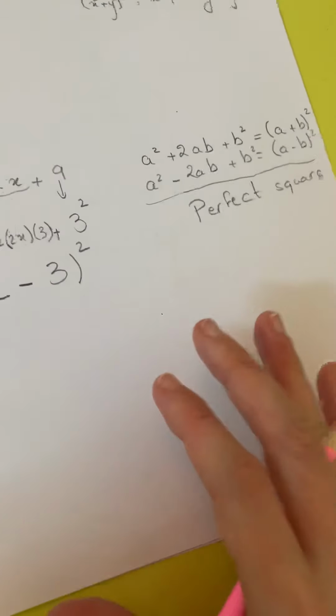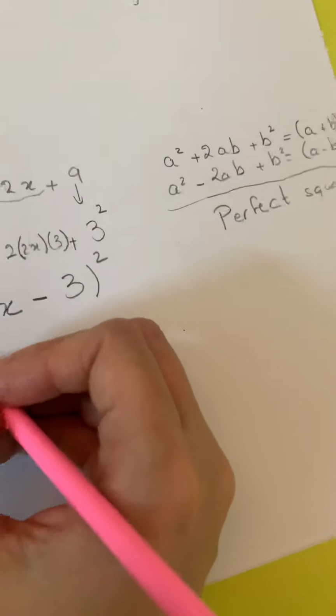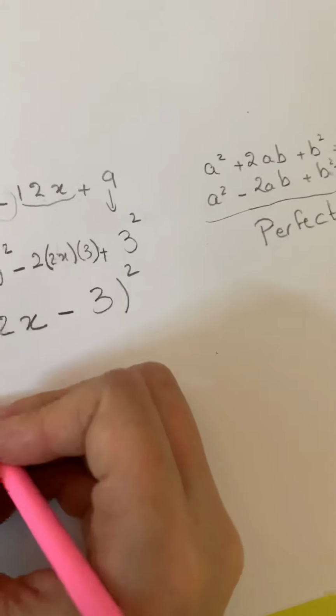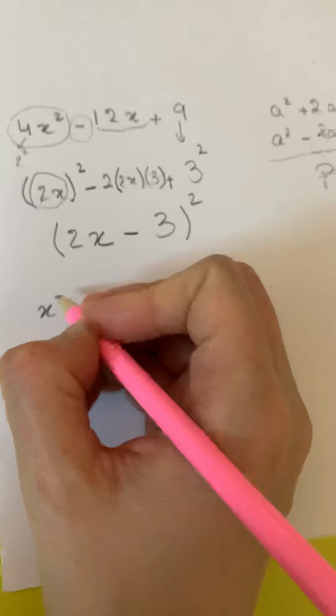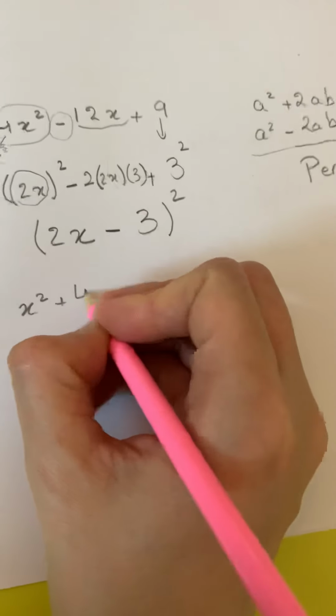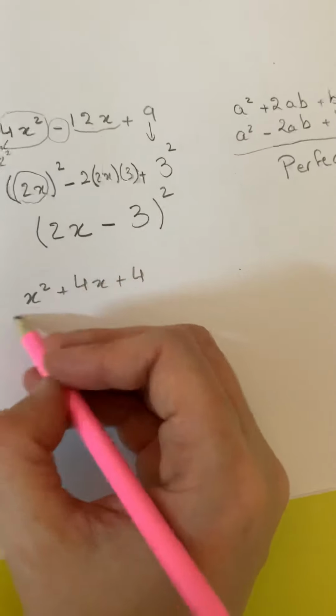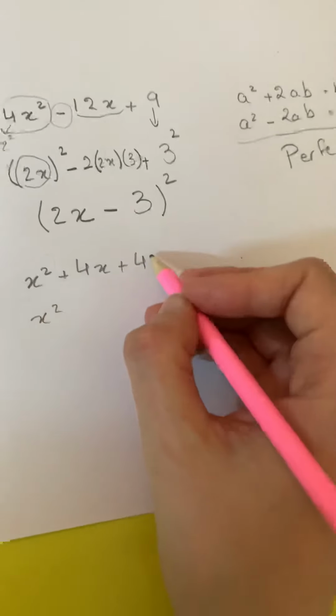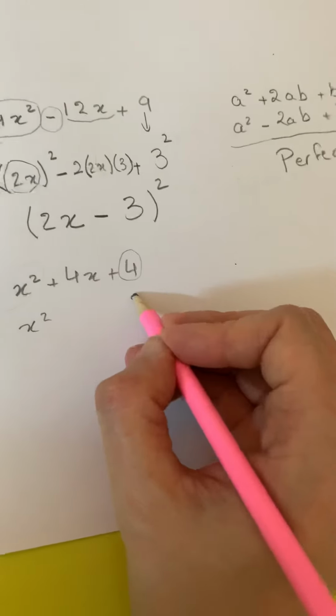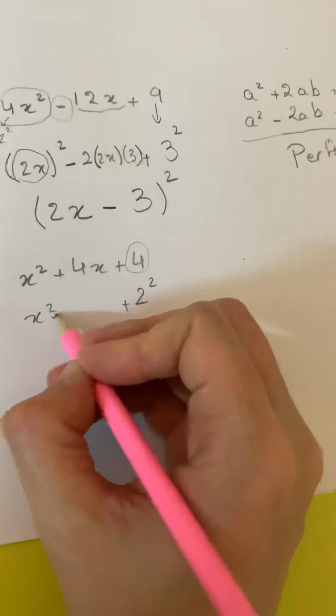Let's just do the last example just to make sure you understand. If you have, for example, x power 2 plus 4x plus 4, I need this power 2, it's already done. I need 4 to be something power 2, which is 2.